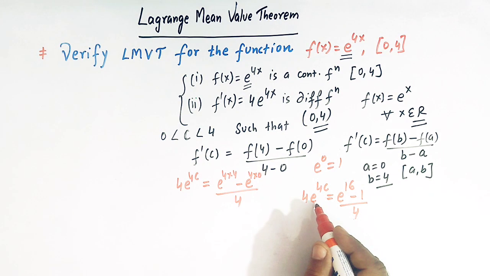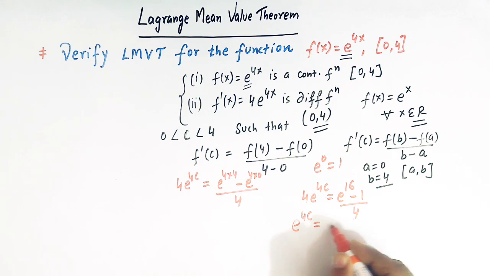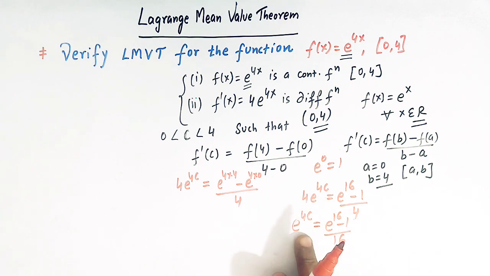So now let us write this equation as e raised to 4c is equal to e raised to 16 minus 1, all over 4 times 4, that is 16, taking this 4 to the denominator. Now let us take the natural log of both sides.